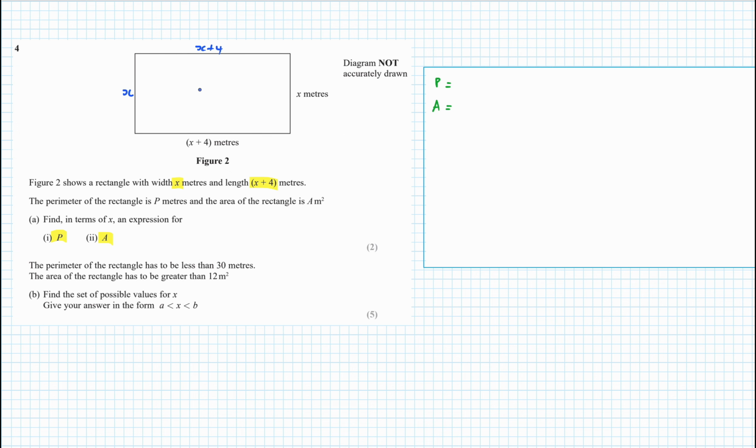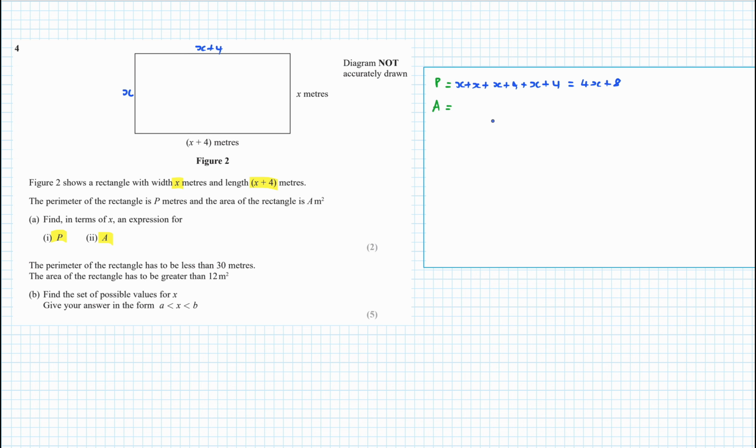Perimeter, add up the sides. x plus x plus x plus 4 plus x plus 4. A grand total of 4x plus 8.